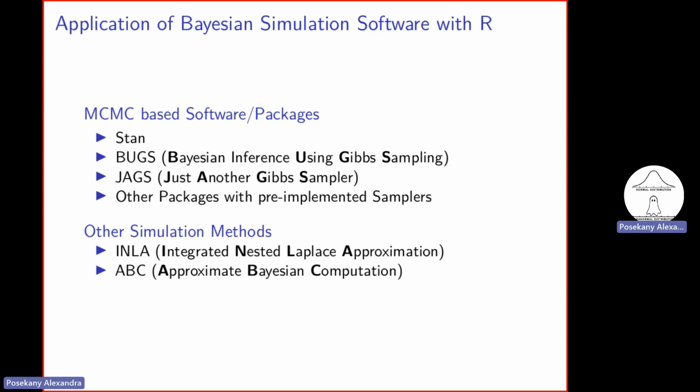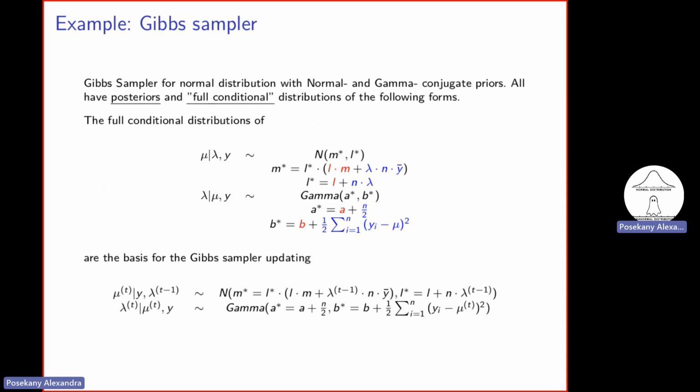With these two, you really have to watch out because you will be specifying these model scenarios for BUGS and for JAGS, and it works if and only if you have been taking care of keeping the natural conjugate prior. Because it's not really good at doing these Metropolis-Hastings schemes automatically.